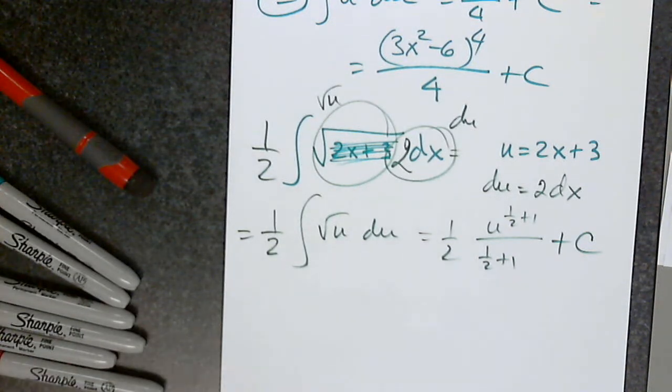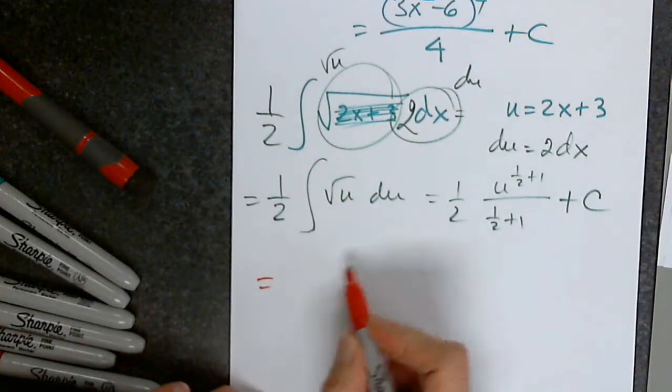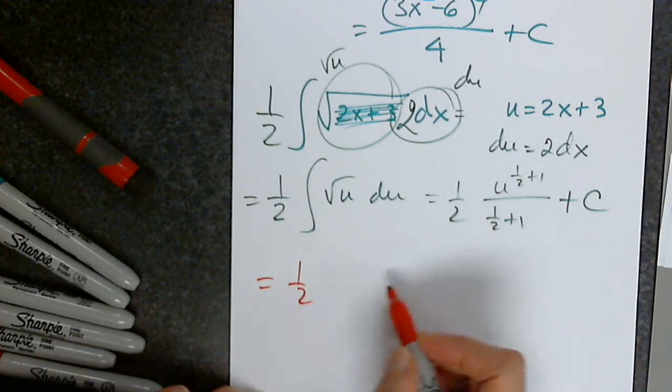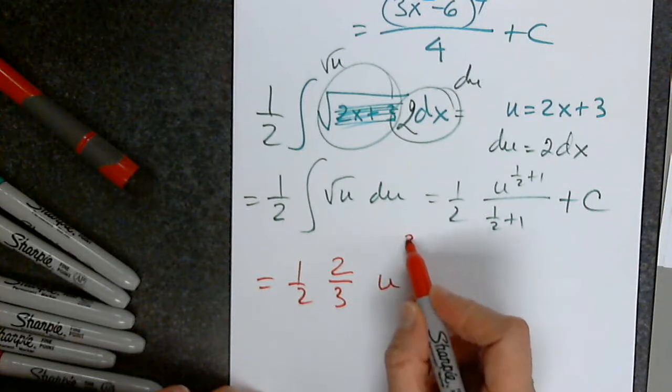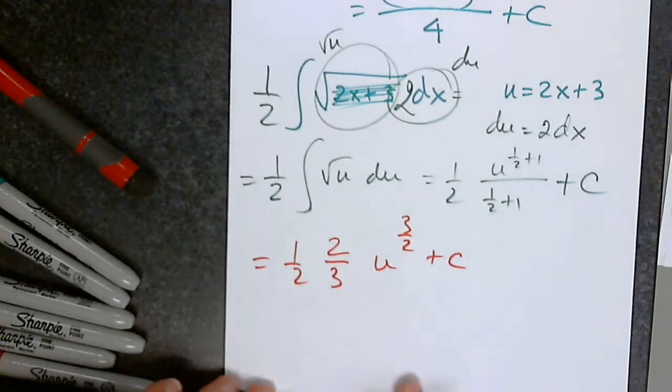Yes, it needs to be cleaned up. And it also needs what else? After I'm done cleaning it up, substitute it back because it's the indefinite integral and I have to have it in x. So this is 1/2 in front. This is 3/2, so 2 over 3. U to 3/2 plus a constant c.